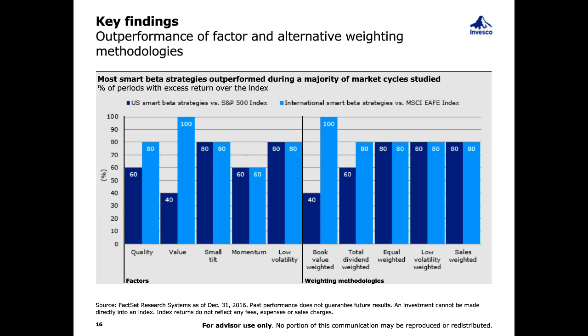When compared to the MSCI EAFE index, every international strategy delivered excess returns in more than half the market cycles tested. So, to summarize performance, the factors provided better returns by factor and weighting for both U.S. and international stocks. They provided better returns in different market cycles, and the factors delivered better returns during most market cycles.